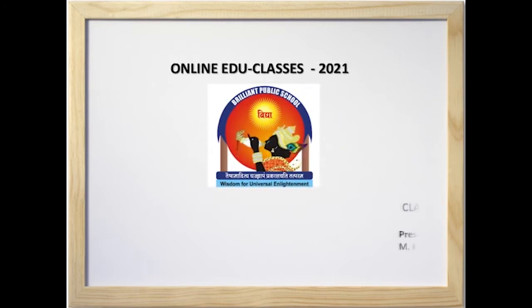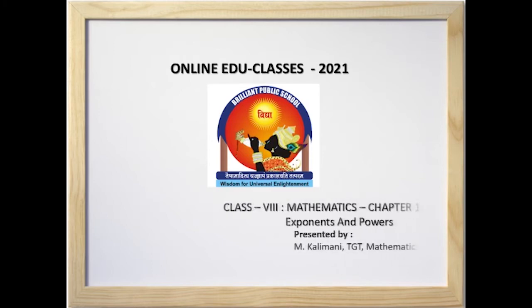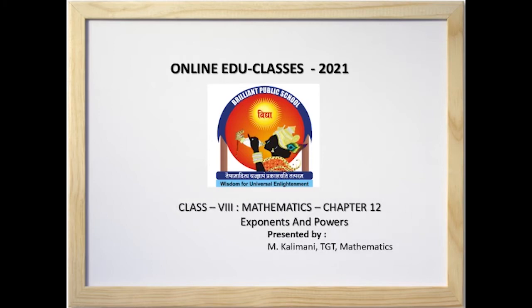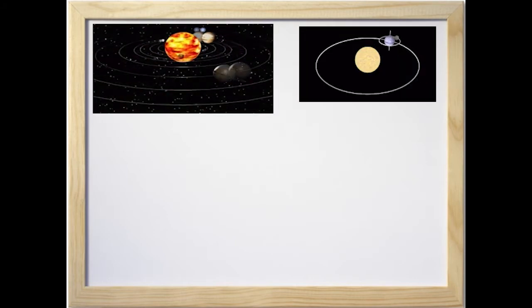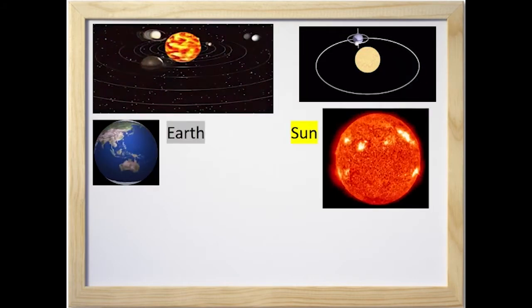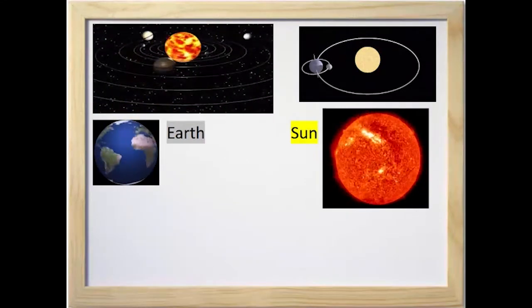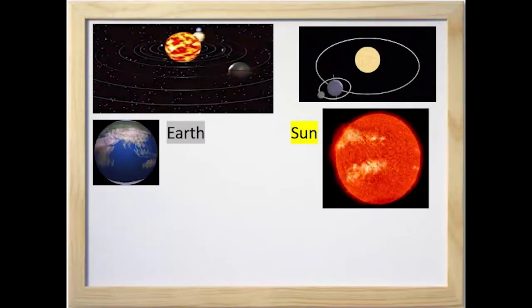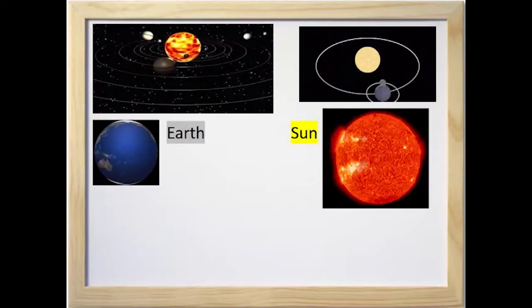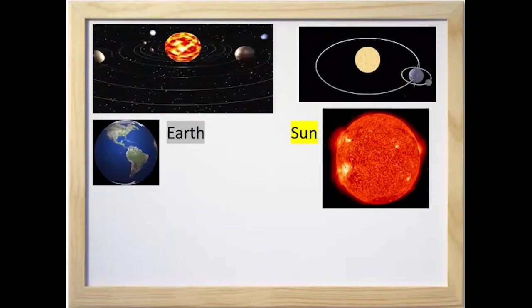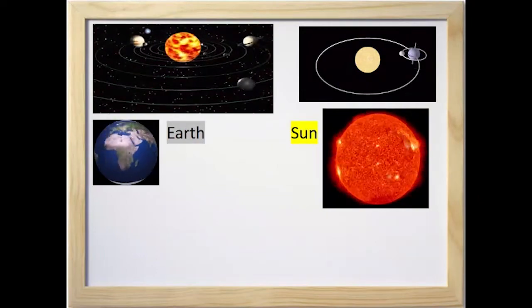Today we are going to learn chapter number 12, exponents and powers. Children, by seeing these pictures, can you all tell me the distance between the earth and sun? Mass of earth, mass of Uranus?